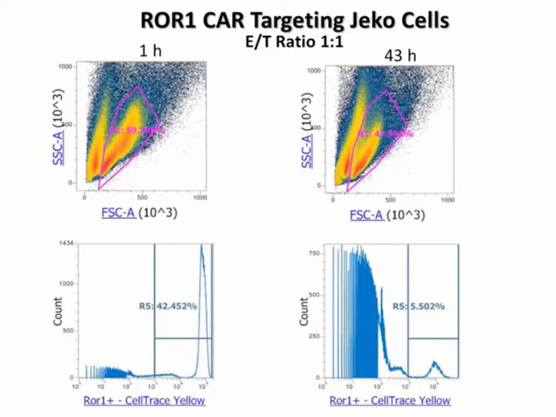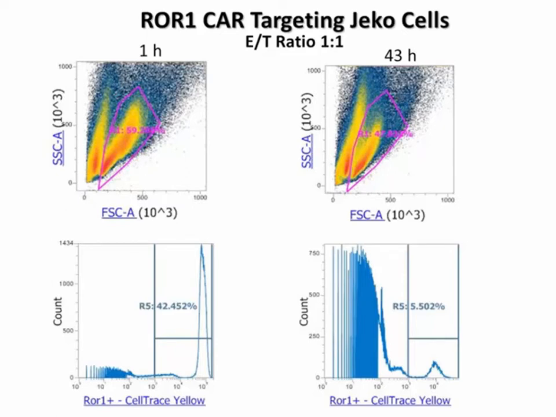And so on this slide, we've taken a ROR1 positive JeKo cell, which is a leukemic line isolated from a patient with a transformed mantle cell lymphoma. Again, this is a B lymphocyte. And we've incubated them with our ROR1 CAR T cells after labeling them with a yellow cell trace. And in the left forward and side scatter plot on the top, you can see two populations of cells.